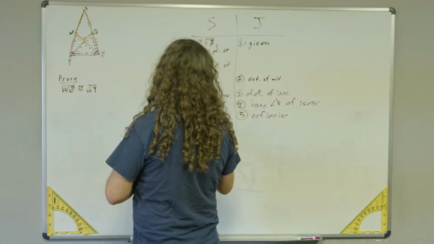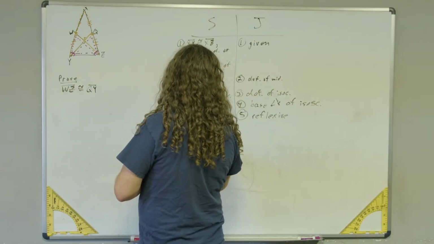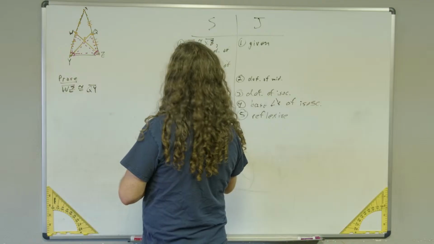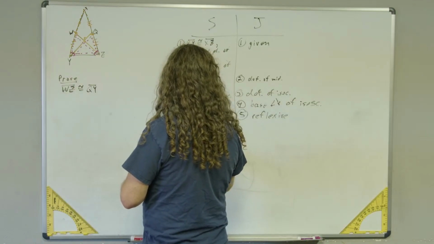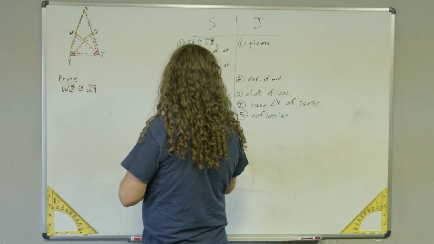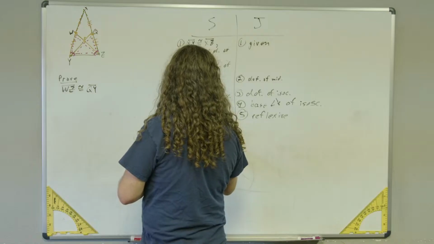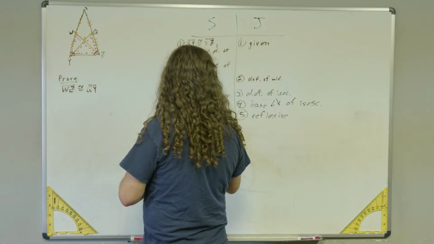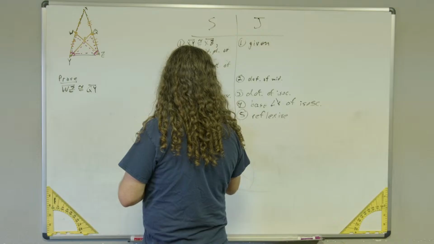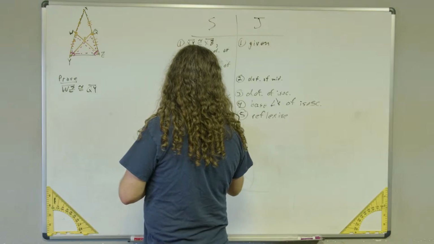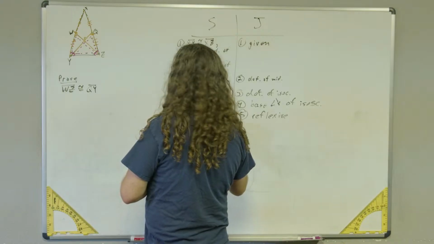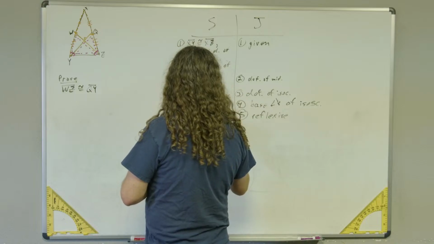So we can say that the measure of segment XW plus the measure of segment WY equals the measure of segment XY.